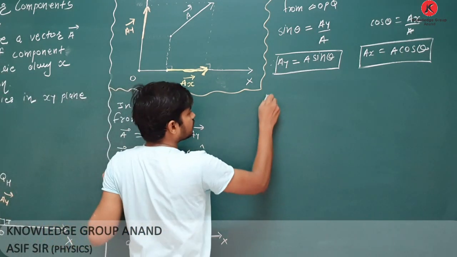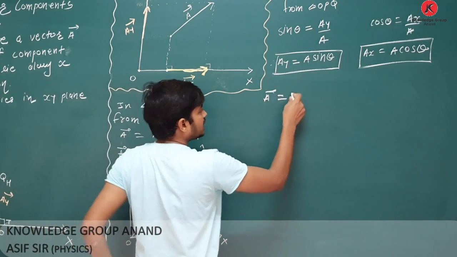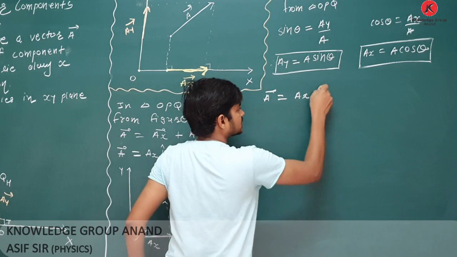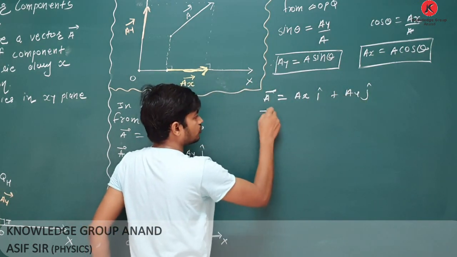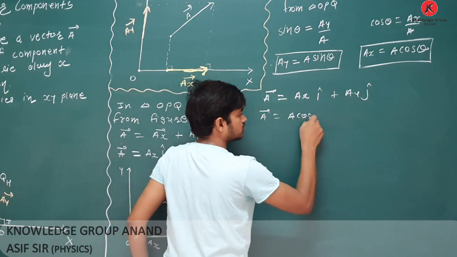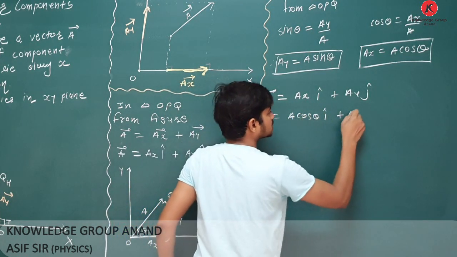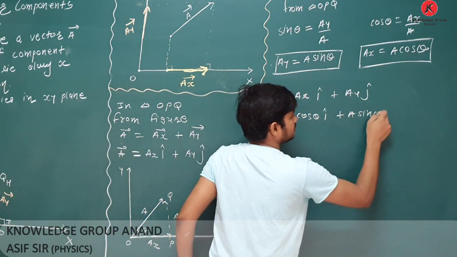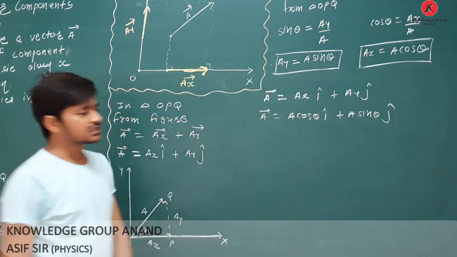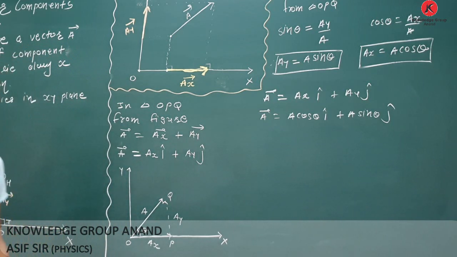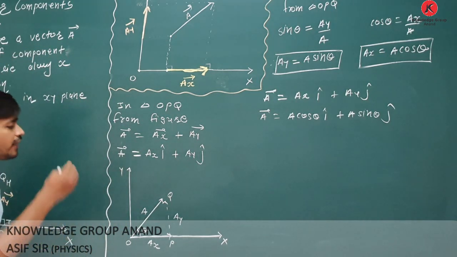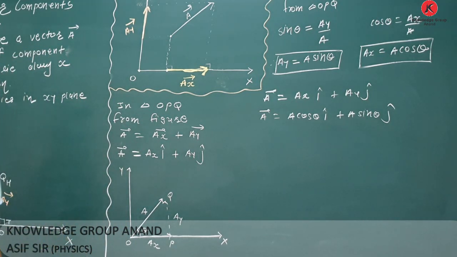Again, if I want to write this vector A, then A is equal to AX i plus AY j. So A is equal to A cos theta i plus A sin theta j. Clear about this? So this is how to represent any vector in terms of components.